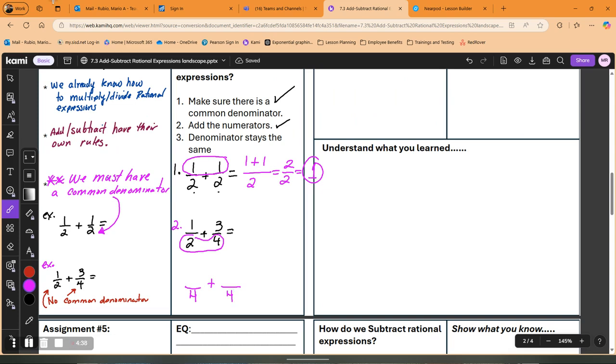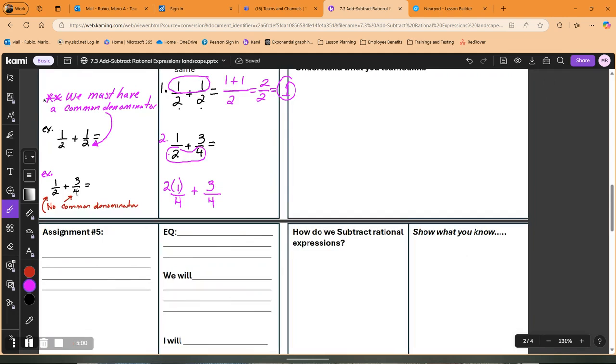The first term, in order to get 4, I need to multiply 2 times 2. And because I multiplied 2 times 2, I also need to multiply the top times 2. On the second term, 3/4, I didn't do anything. It stays exactly the same because the denominator is already 4.